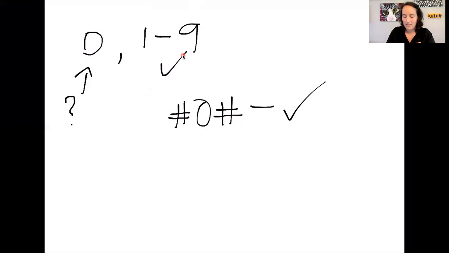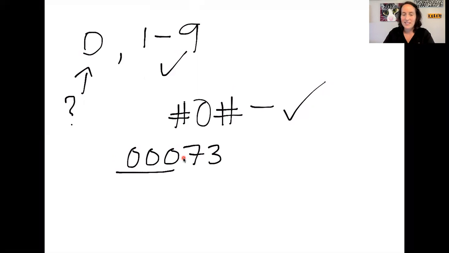Leading zeros lead up to a number. So if I wanted to write the number 73, I could put a bunch of zeros in front of it leading up to that number. Are these zeros significant? No, they are not significant.